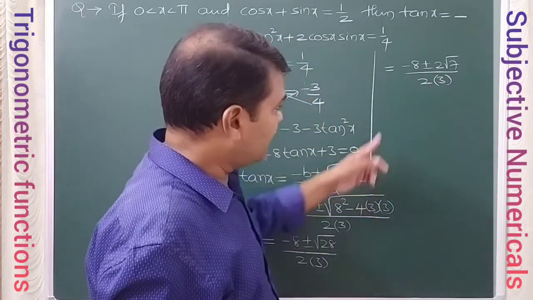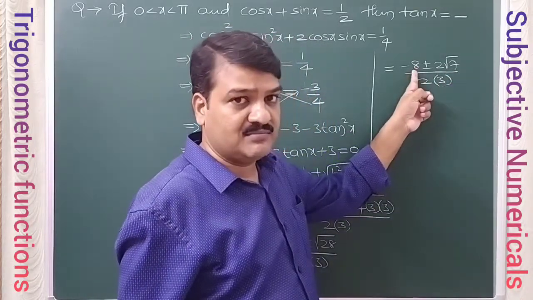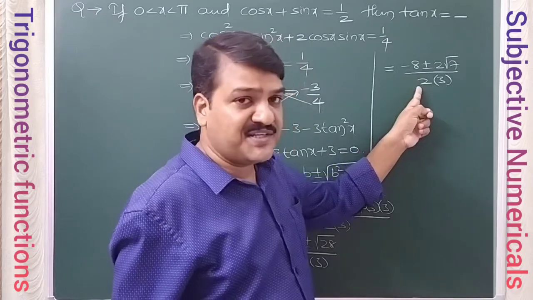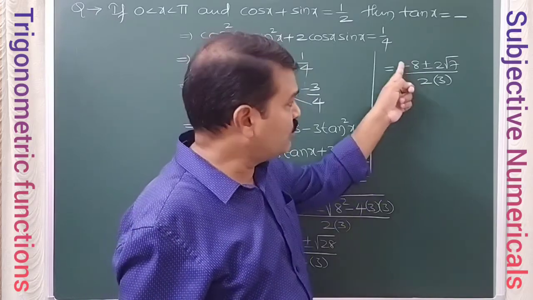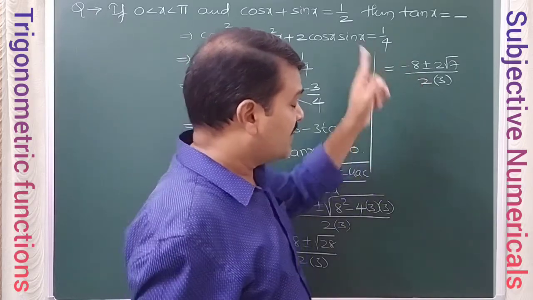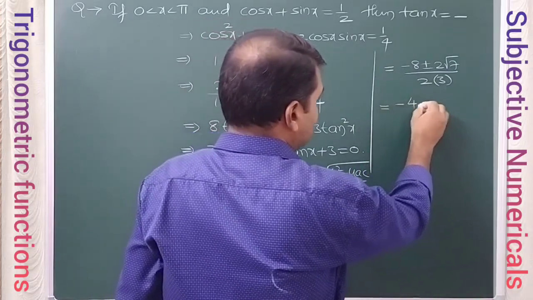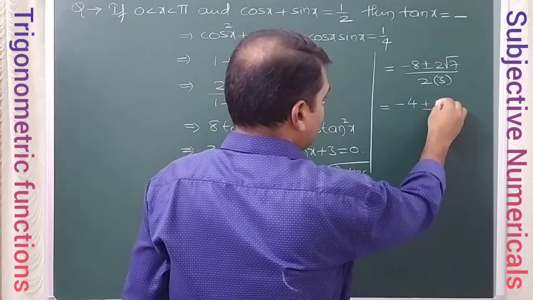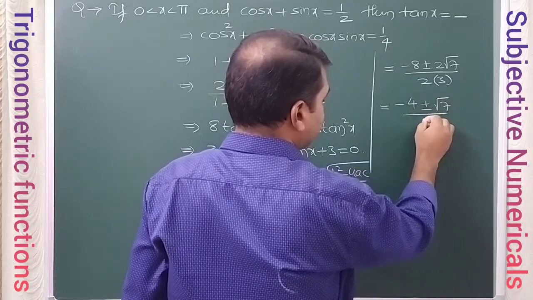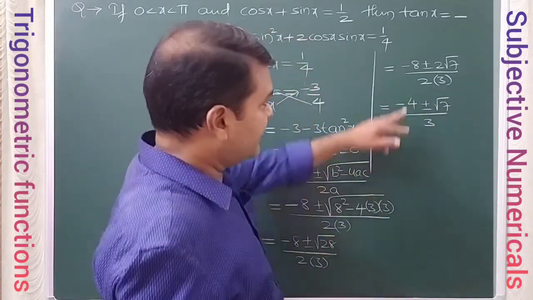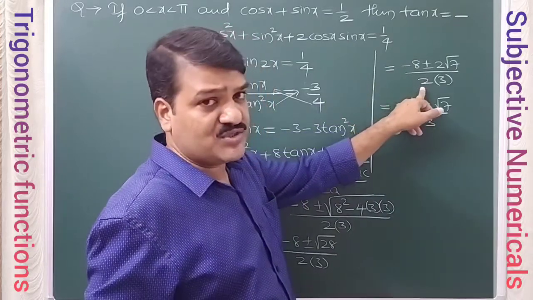In the numerator we can take 2 common and cancel with the denominator 2. What we will get is minus 4 plus or minus root 7, by 3.